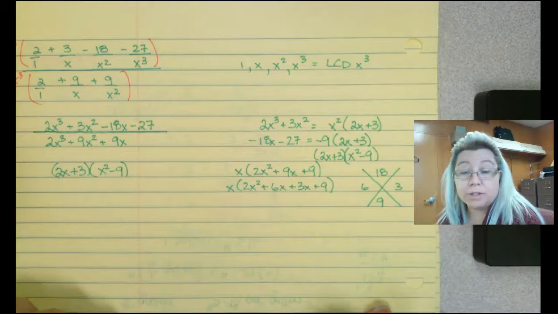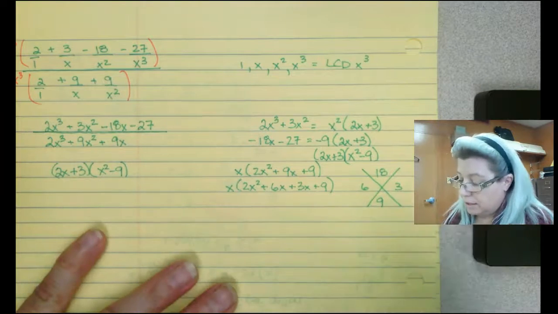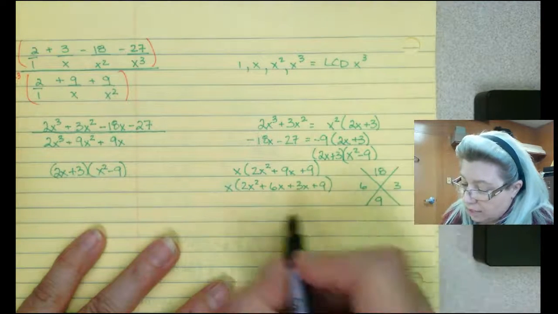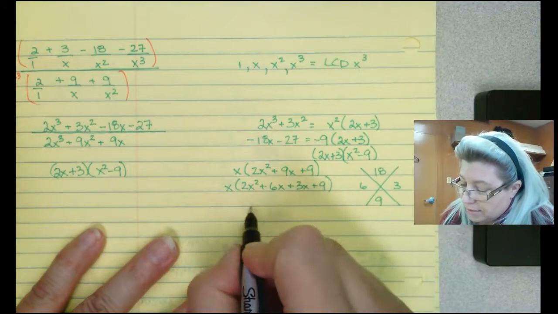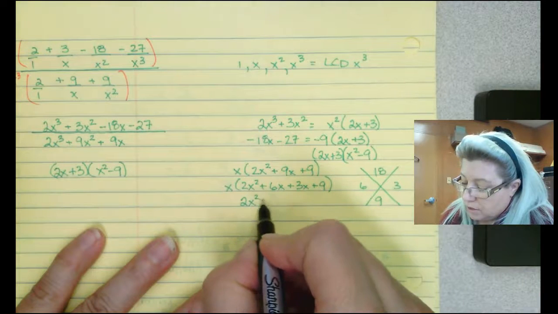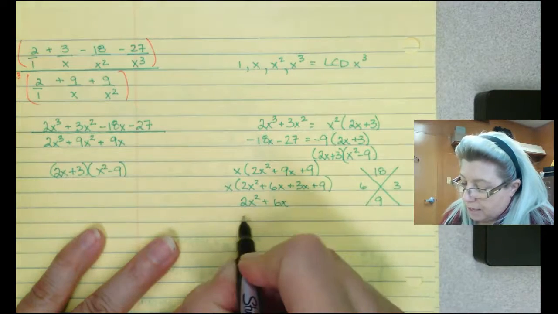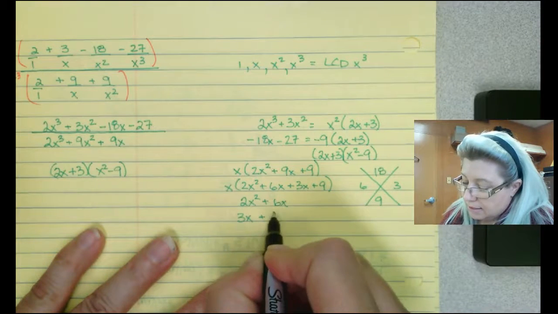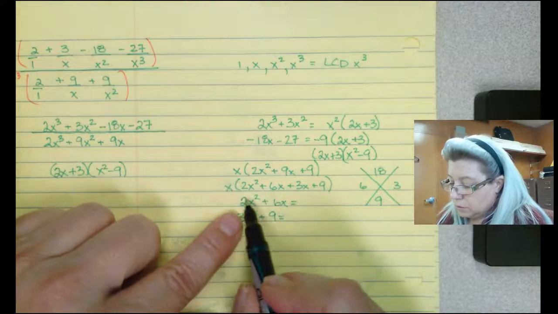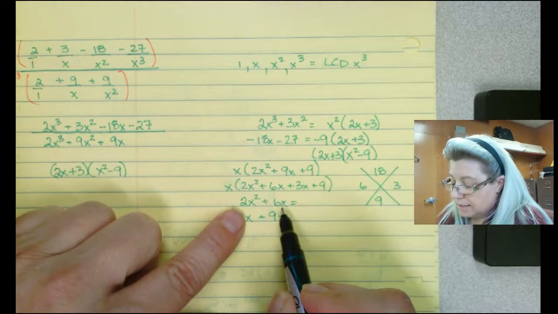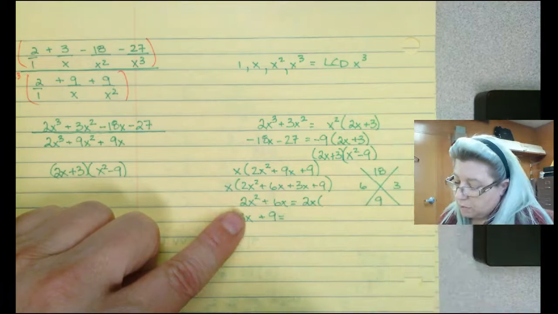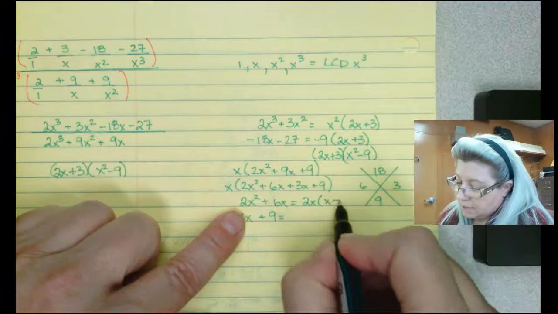Now that I have 4 terms, I can factor by grouping. Again, I'm just going to group the first 2 together and the second 2 together. So this is just my work area: 2x squared plus 6x and 3x plus 9. For 2x squared plus 6x, a 2x can be pulled out, leaving x plus 3.